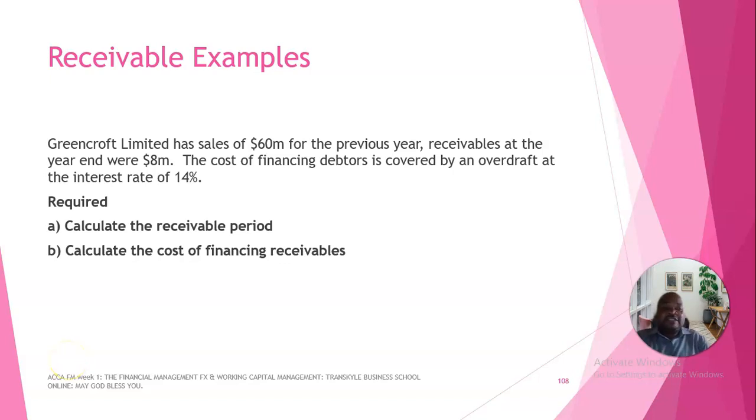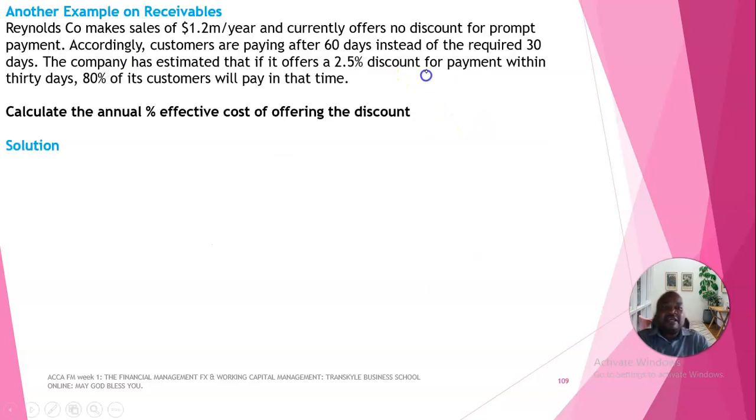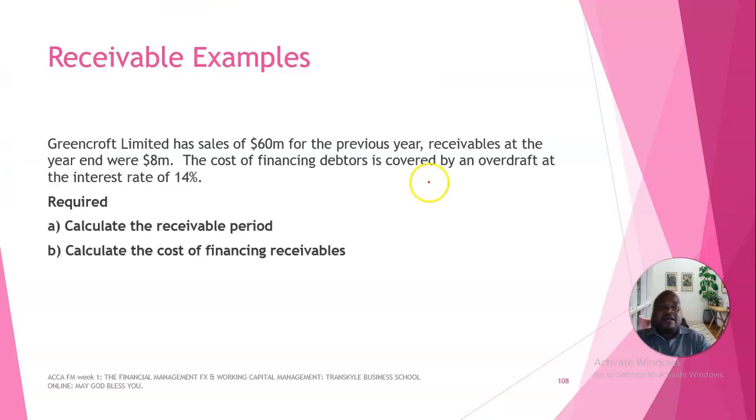Okay, so ladies and gentlemen, I hope you have paused the video and attempted the question on your own. Now, when you meet a question like this, you need to ask yourself, Mr. Examiner, how many days are in this particular year? Sometimes the examiner might say use a 360 day year.